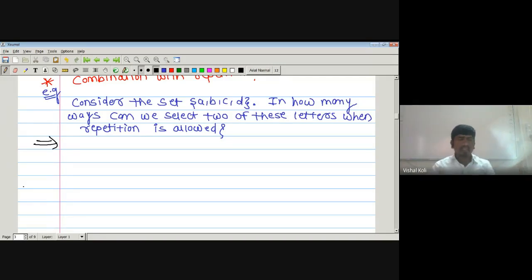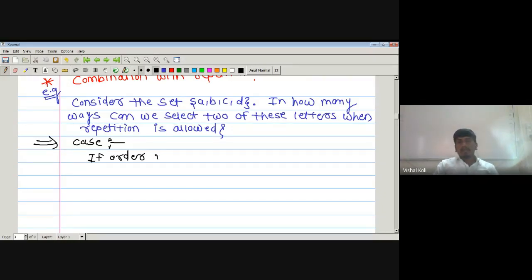Here, as given that repetition is allowed, we have to take two cases. In the first case, we take that order matters, and in the second case, order does not matter. If order matters, AB and BA are not the same, and if order does not matter, then AB and BA are both the same thing.